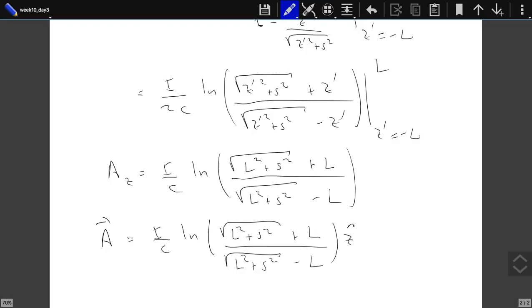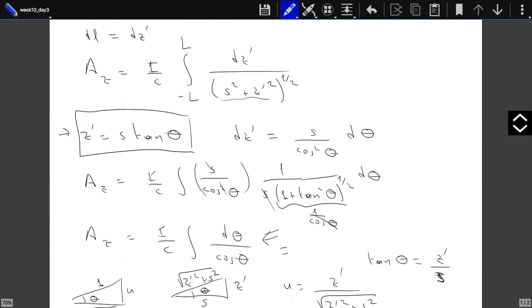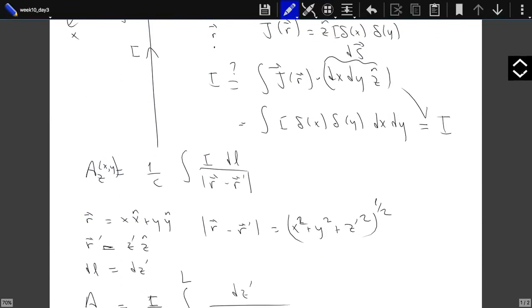Let me ask this question then. What we usually do is we just set the potential at infinity to 0. Because if we do set the potential at infinity to 0, then the potential diverges. But you see, this solution, we started with this one, the expression of our vector potential.